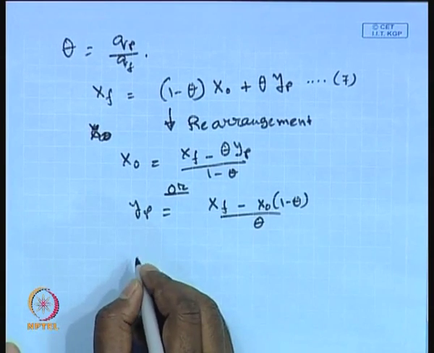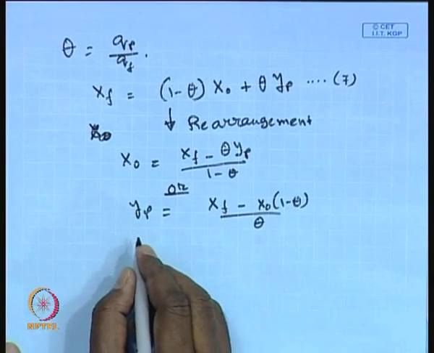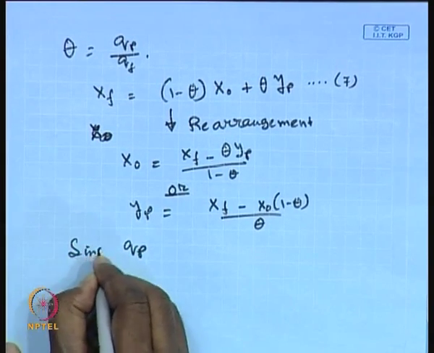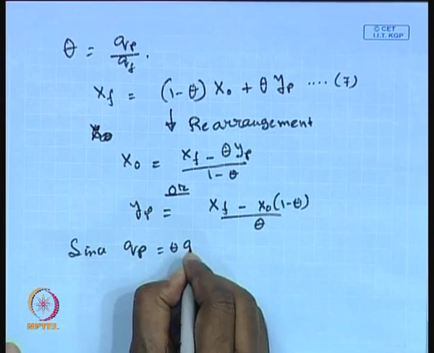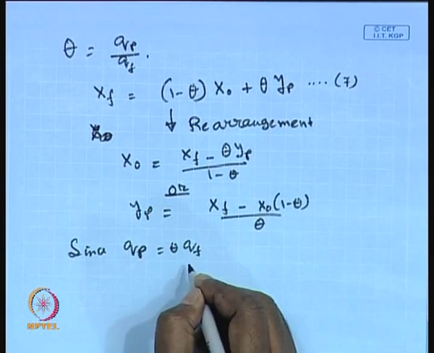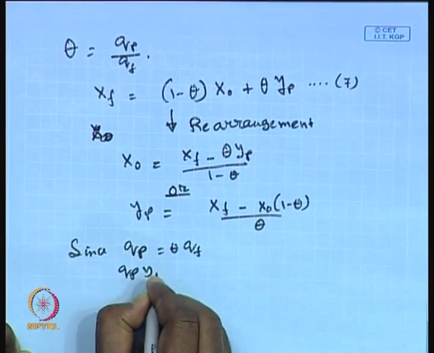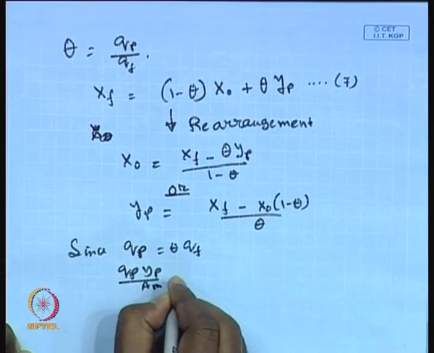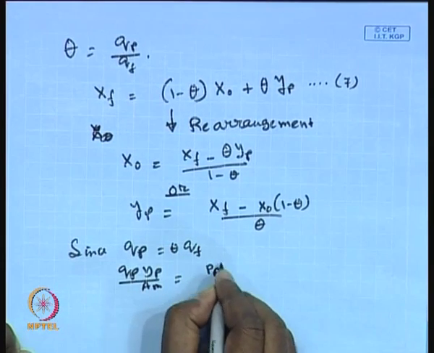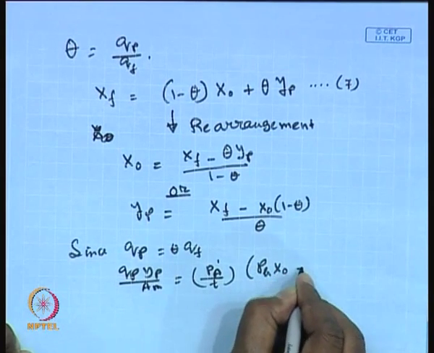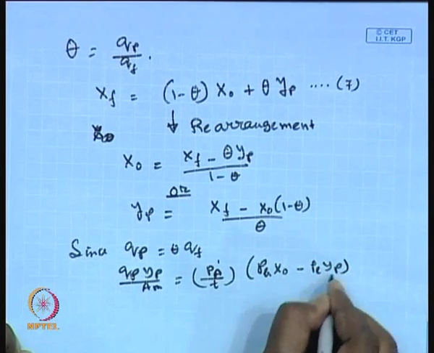Qp is theta into Qf. So, you can get an idea, since Qp is theta times Qf, that is by definition the fraction theta, from the equation Qp Yp divided by Am is equal to Pa prime by T into Ph x naught minus Pl Yp.